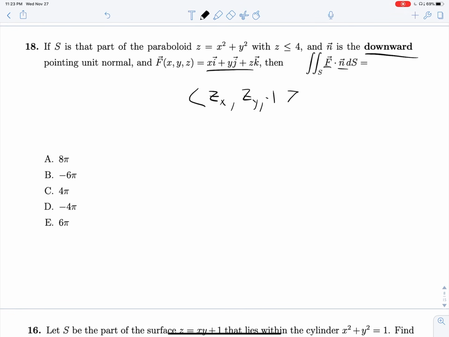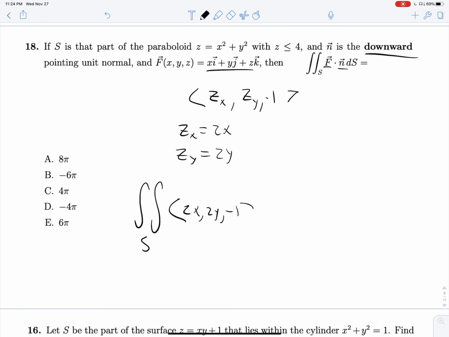Zx is just going to be 2x, zy is 2y, and so we can set this up as the double integral over S of n, which is going to be 2x, 2y, -1, and our F, which is x, y, z.